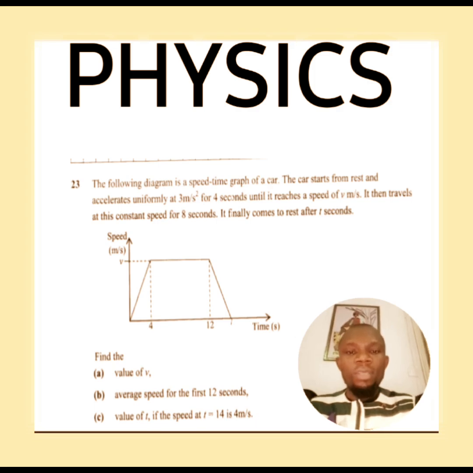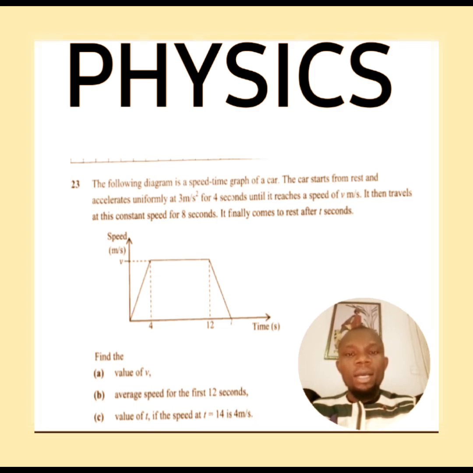Looking at the diagram, you see that the car starts at rest and moves to a particular point, which is v, at 4 seconds. That means the velocity there is unknown.